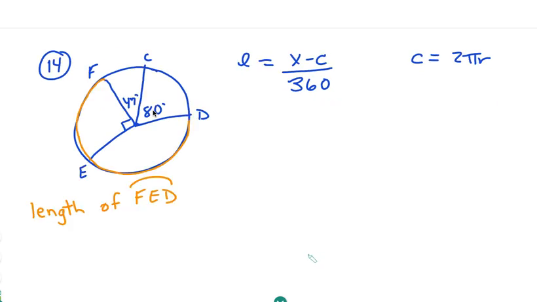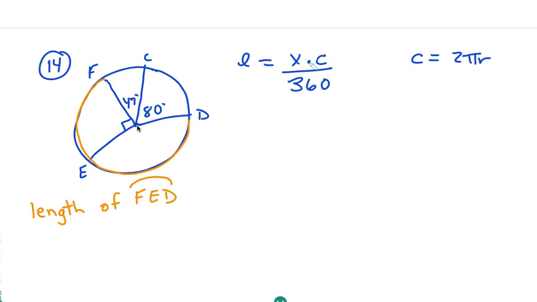Okay. Let's go ahead and make sure that we have updated our formula here. So this is x times C. All right. So now we're looking for the length of arc FED, which means I need to know the degrees of this angle. So it is a central angle because the vertex is in the center.